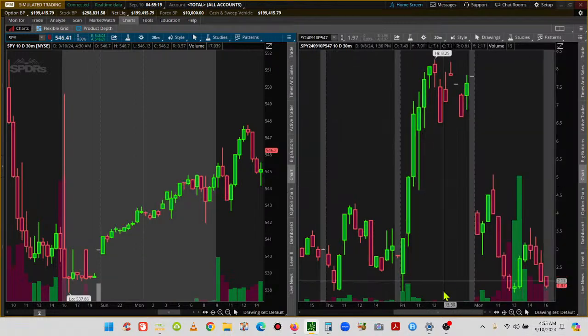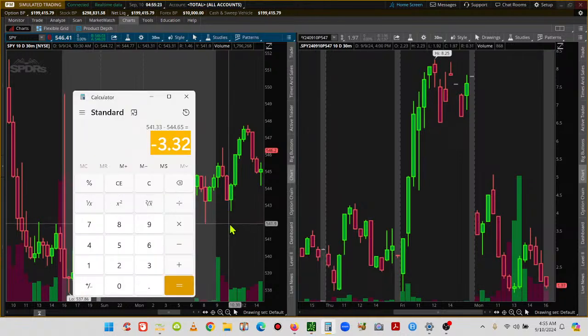All right, so the price of the SPY ETF went up while this put contract, because it goes the opposite way for puts, so if the market goes up, the price of the put goes down.